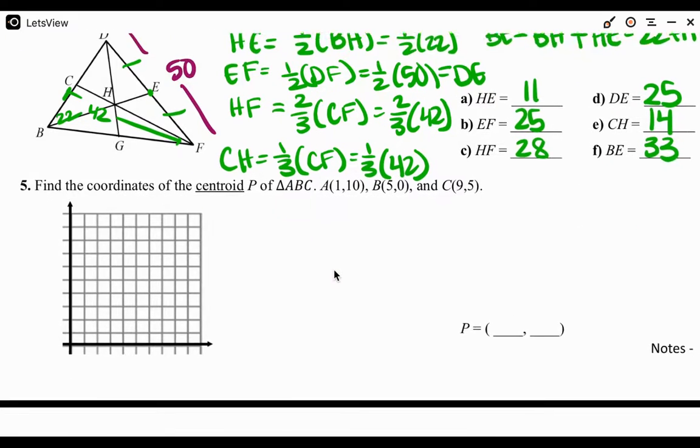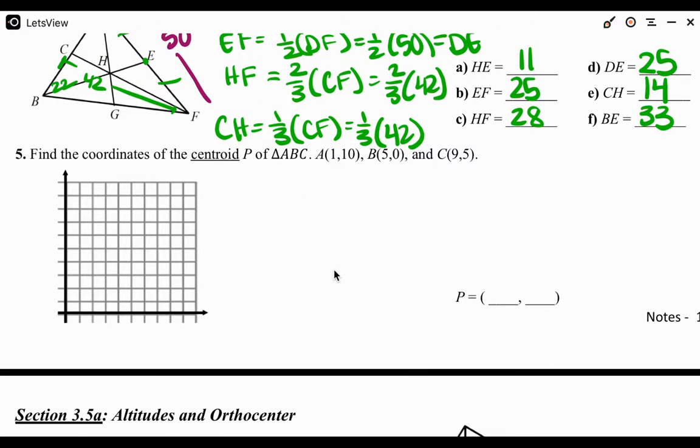Okay, and our last one. So we have to plot our points. So let's start with plotting. So A is at 1, 10. So go over 1, up 10.